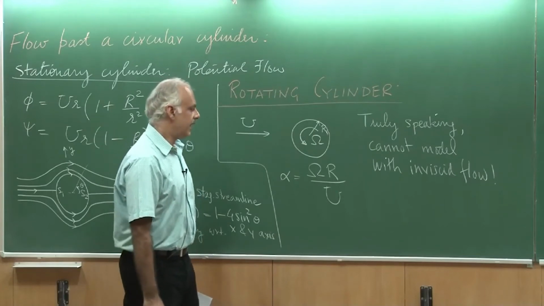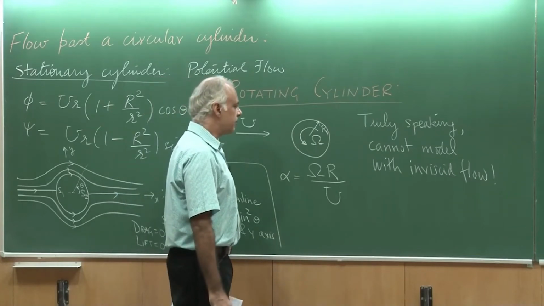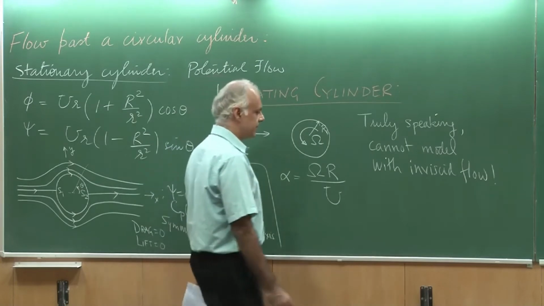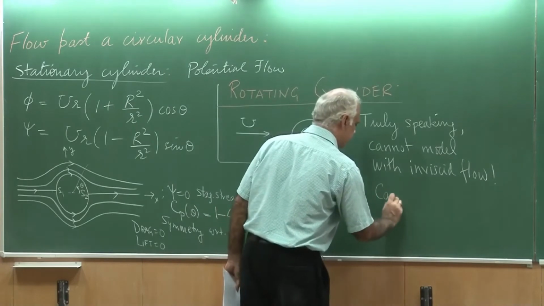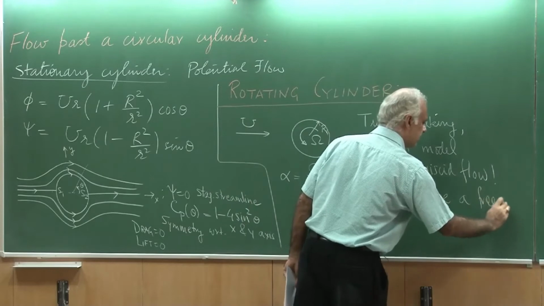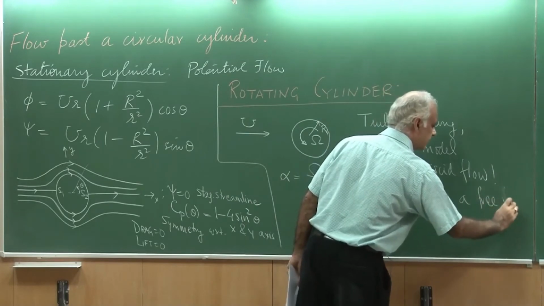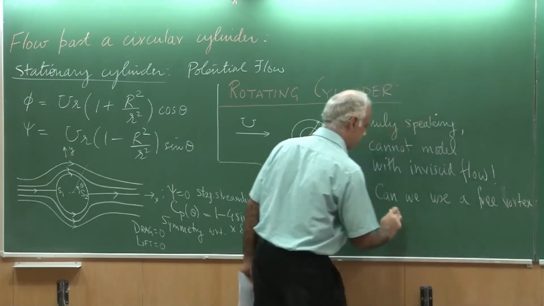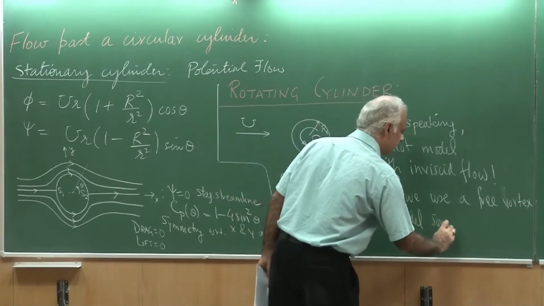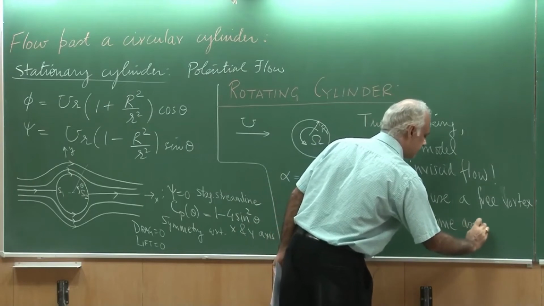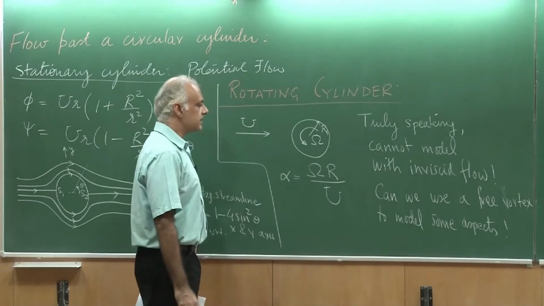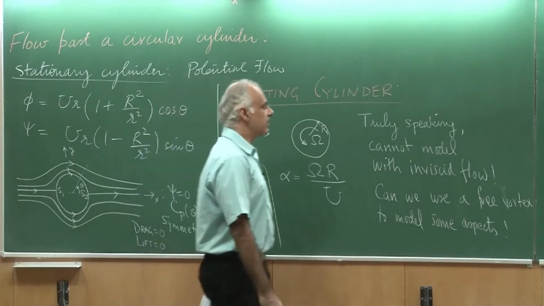Okay? So let us look at if we impose the potential flow for a cylinder with a free vortex. So can we use a free vortex to model at least some aspects? So what we are going to do is, we are going to now do the following.